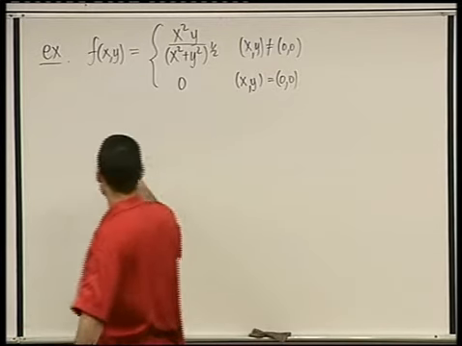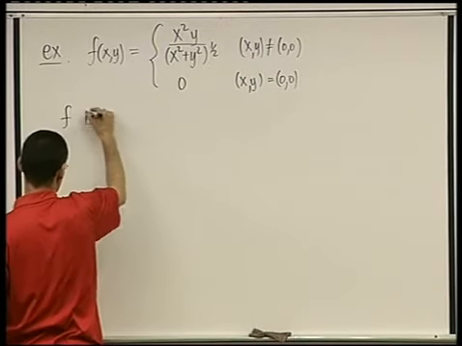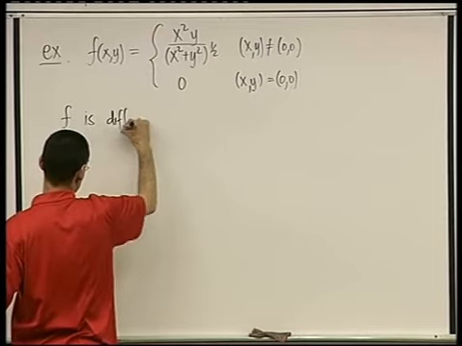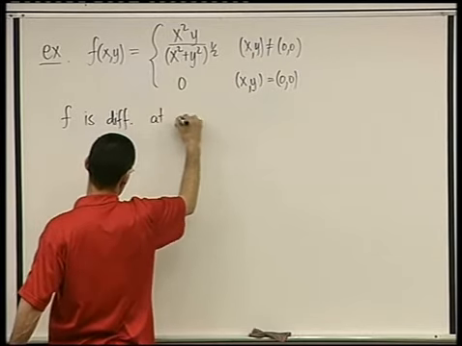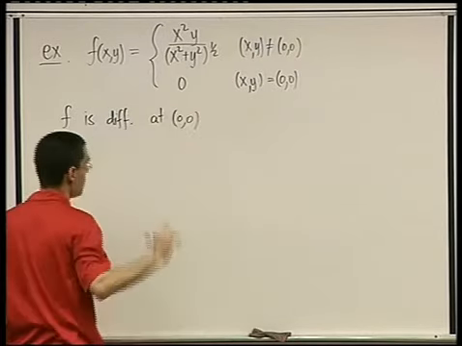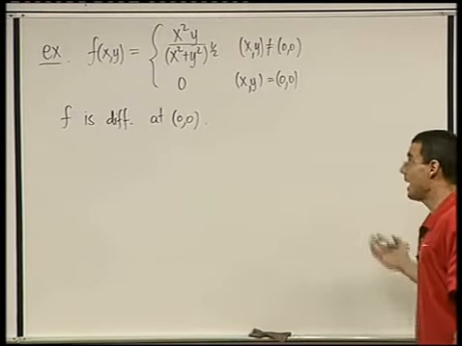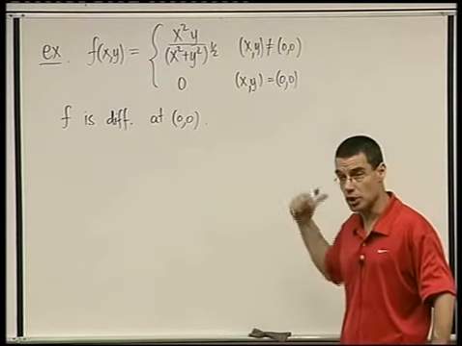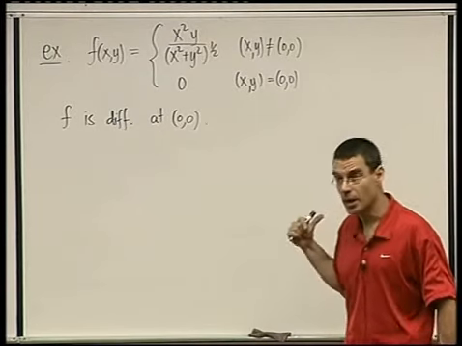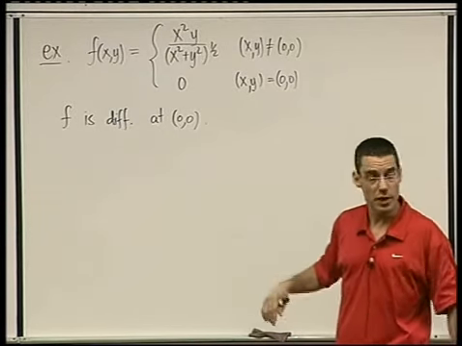Okay, so what I want to show is that f is differentiable at (0, 0). How do I show something like this? Well, I have to show that that definition, which filled up an entire board, holds. That's being differentiable.